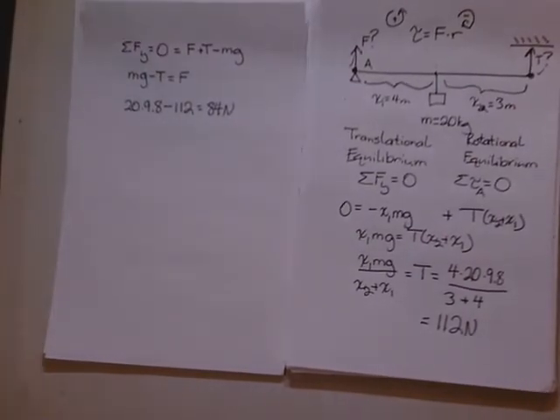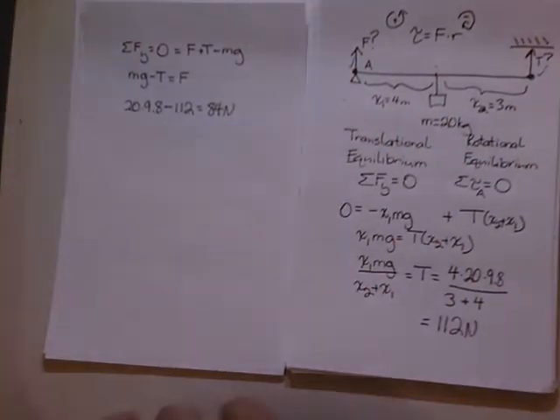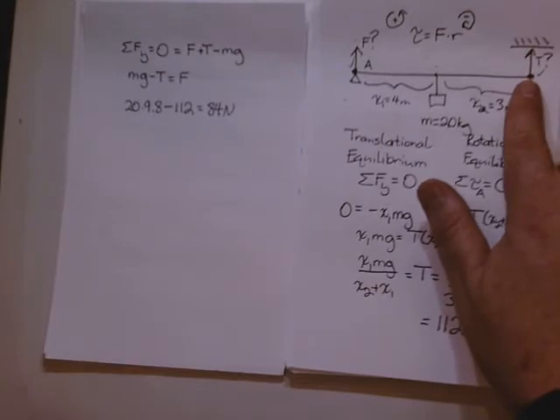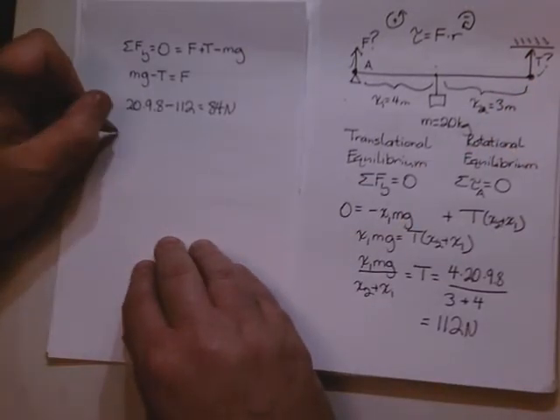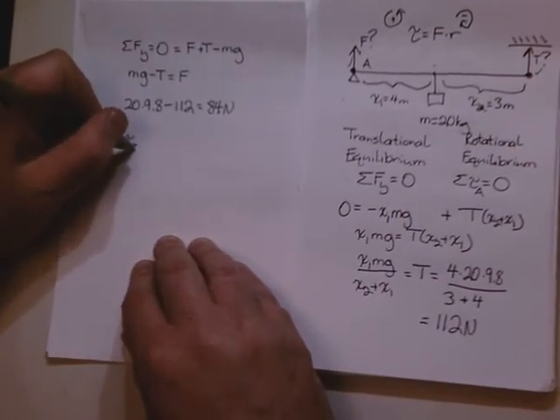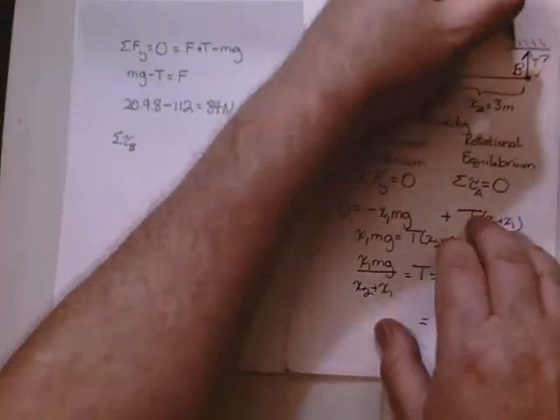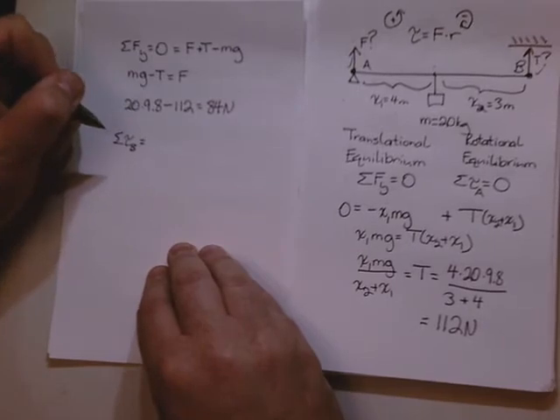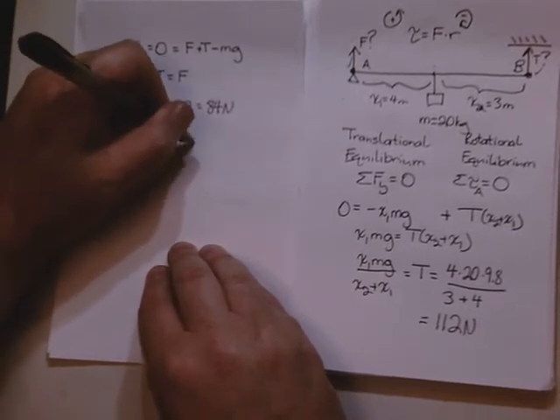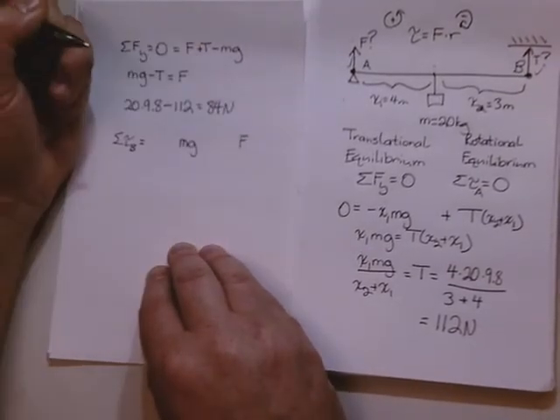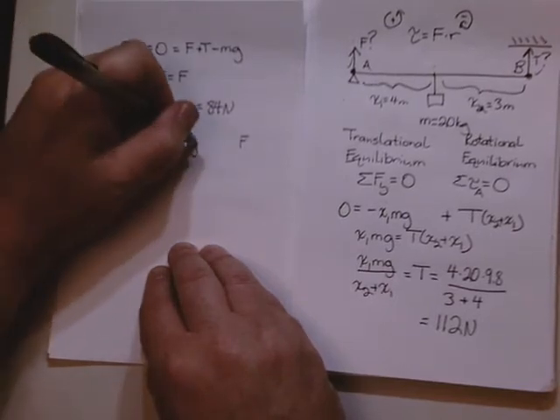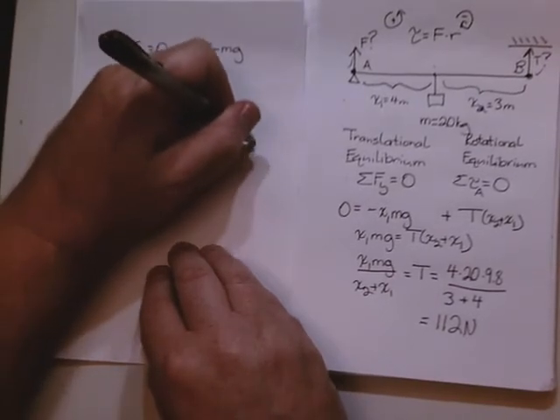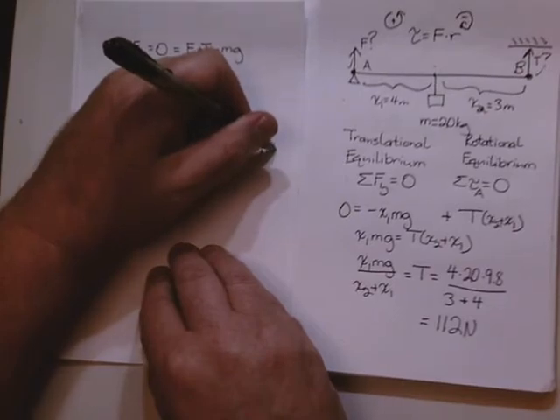So the force at this point is 84 newtons. Oh, and we might as well since I got 7 minutes. What I'm going to do is I'm going to sum the torques around B. So B is that point. The forces are mg and F. The distances are x2 and x1 plus x2.